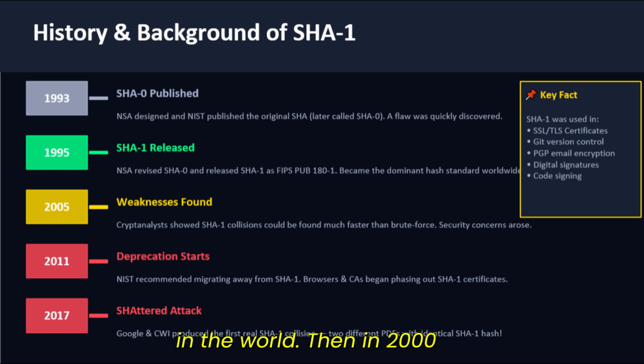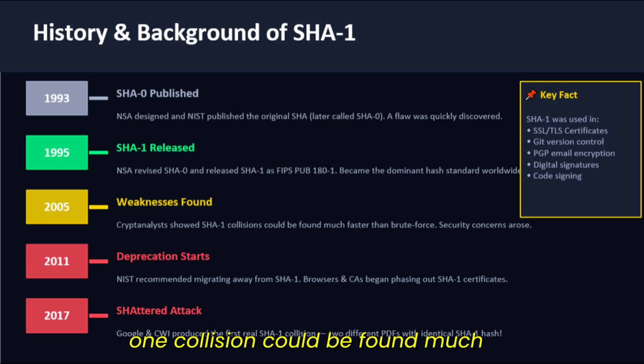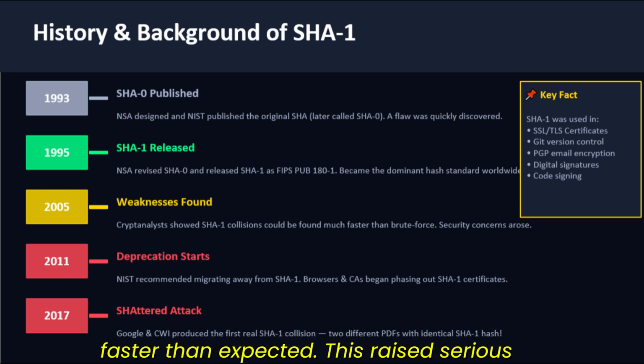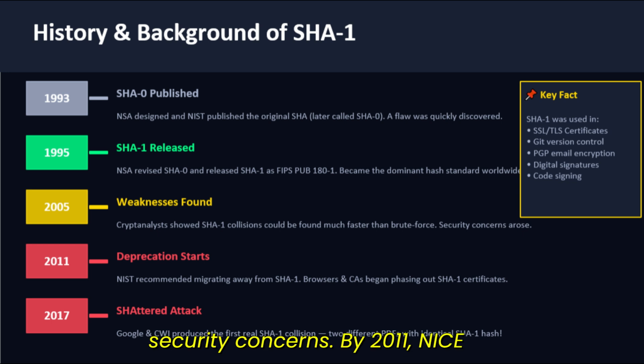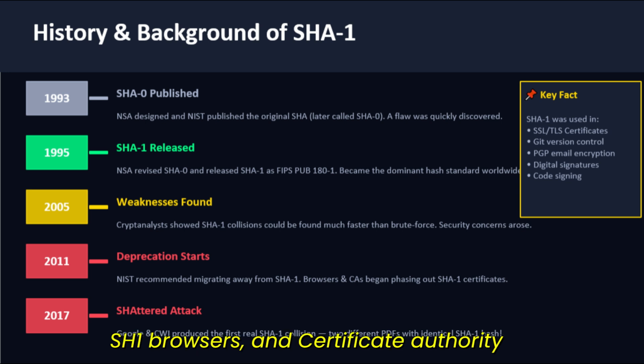Then in 2005, researchers started finding weaknesses. Cryptanalysts showed that SHA-1 collisions could be found much faster than expected. This raised serious security concerns. By 2011, NIST officially recommended moving away from SHA-1. Browsers and certificate authorities started phasing it out.